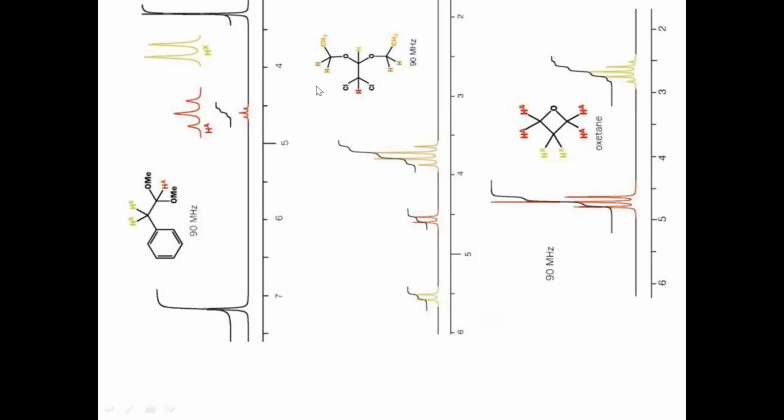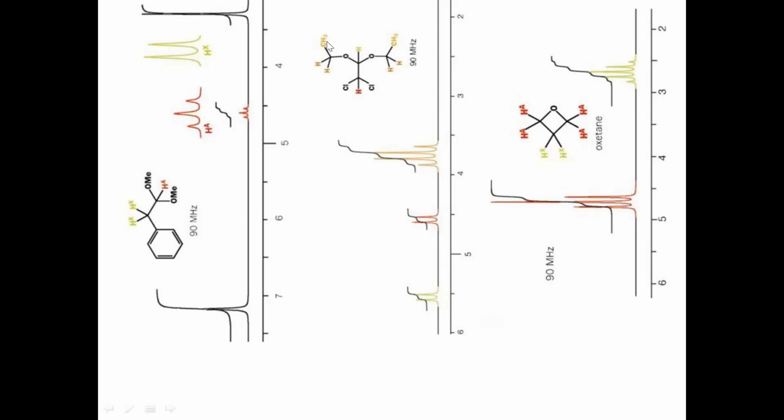So for these protons, a quartet will appear. So these protons appeared as a quartet. For this proton, a triplet will appear. And it is a symmetrical molecule, so that's why for this proton it will appear as a triplet, and for this it appears as a quartet.